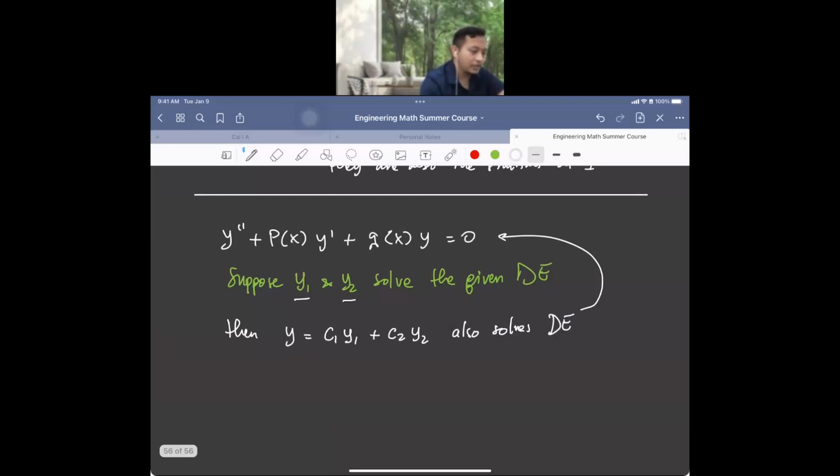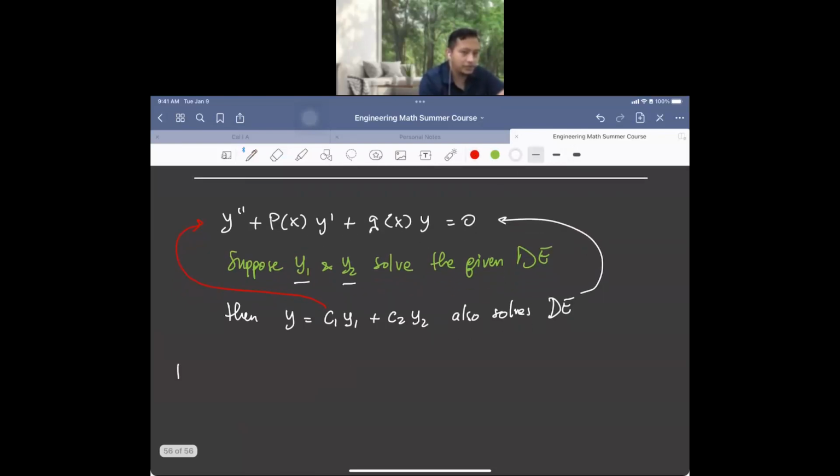Let's substitute these solutions into our differential equation directly.